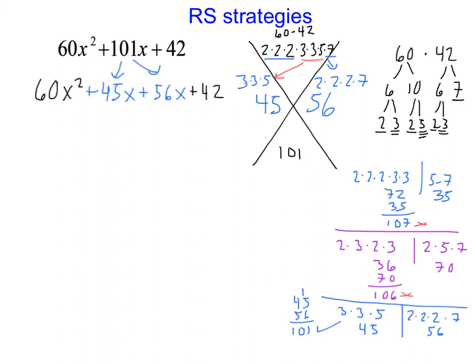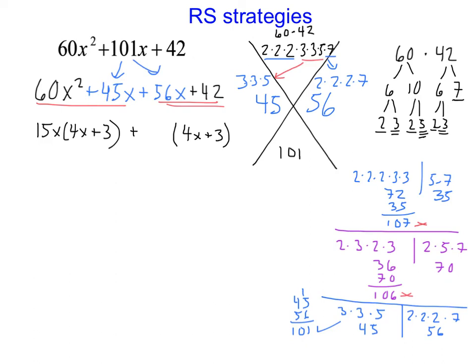The 101 gets split into that, and we see if we can factor those. 15 comes out of the left, and 56 and 42, I'm not really familiar with those numbers, but wishful thinking, the RS method tells us that I've got to be left with a 4x plus 3 at the end of it.